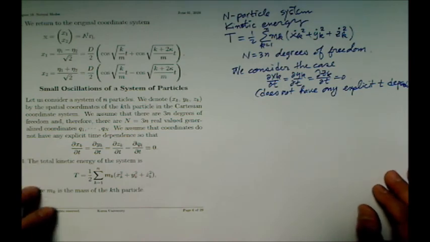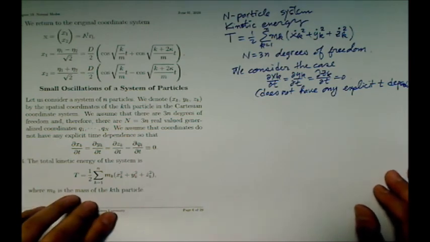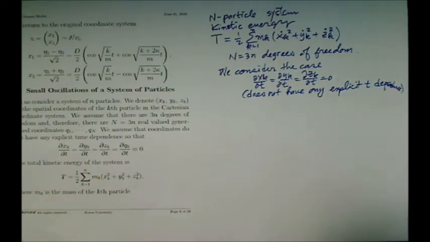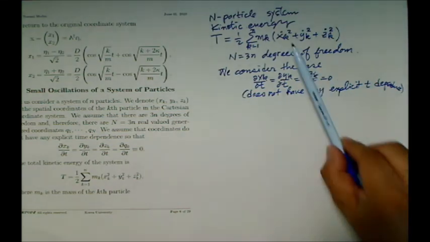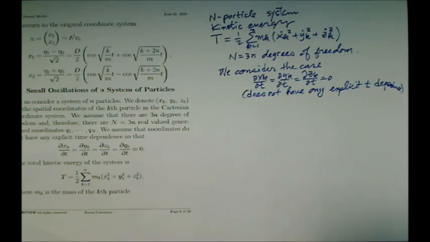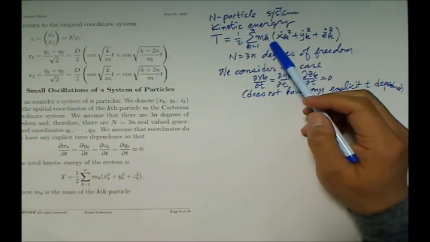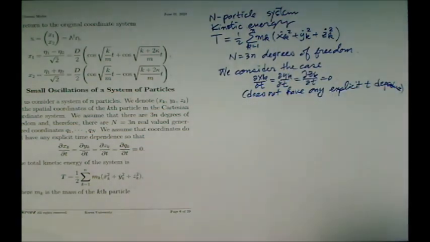First, let us consider the kinetic energy of a system of particles. Particles moving around in three-dimensional space have a velocity with x component, y component, and z component. We first assume that the mass of each particle is distinct, so we put a subscript k for the kth particle.